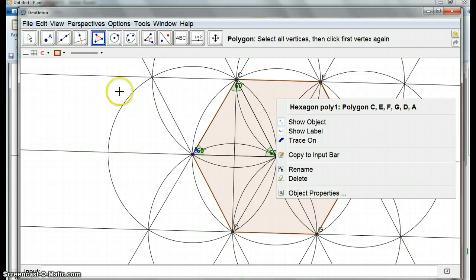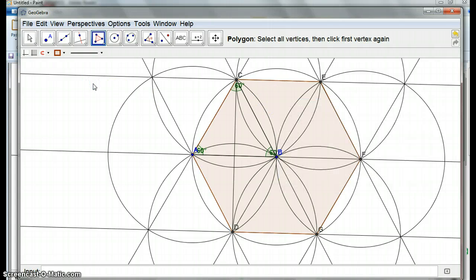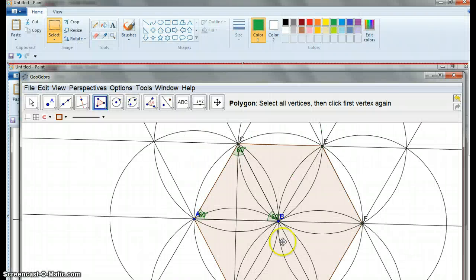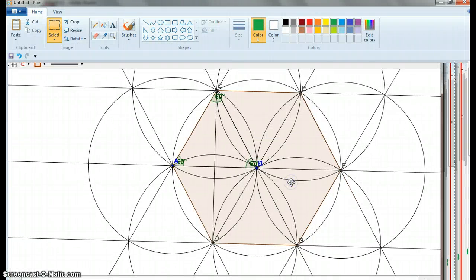Okay, so that one there, can anyone tell me what that shape is? It's a hexagon, and hopefully some of you can see that a hexagon tessellates for a very good reason.